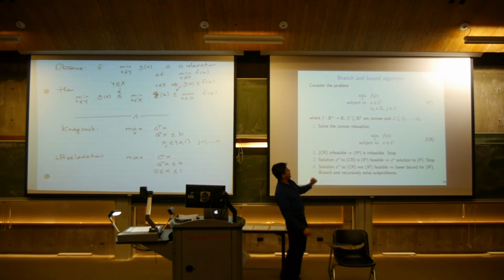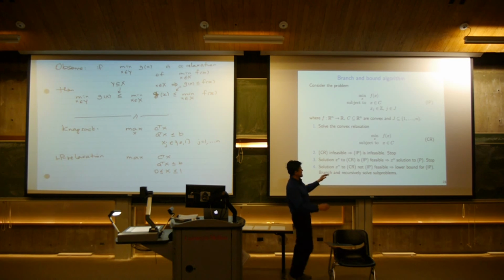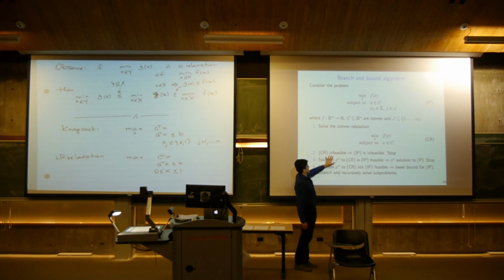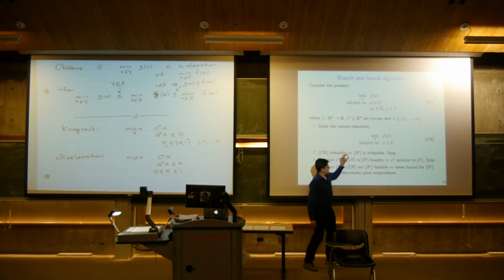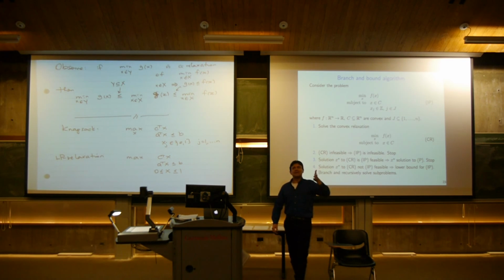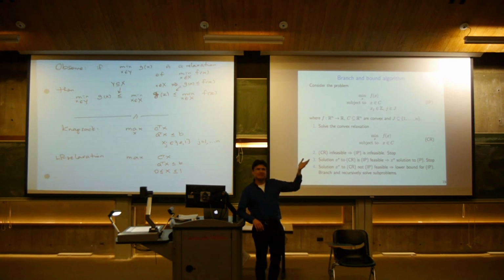If you want to solve the problem at the top, you can start by solving the convex relaxation. If the convex relaxation is infeasible, then you immediately conclude that the original problem has to be infeasible because it has more constraints. So that's easy.